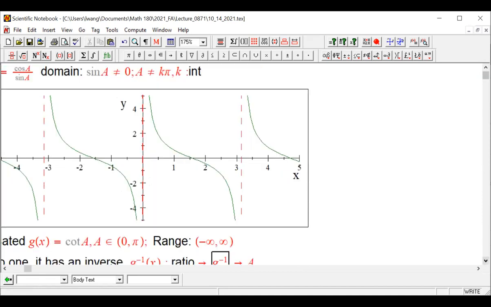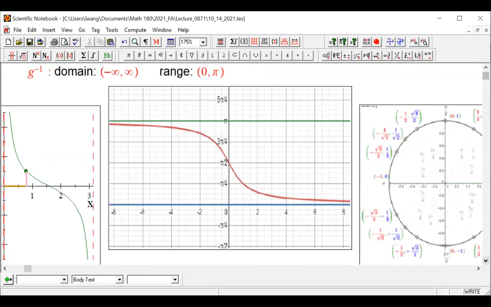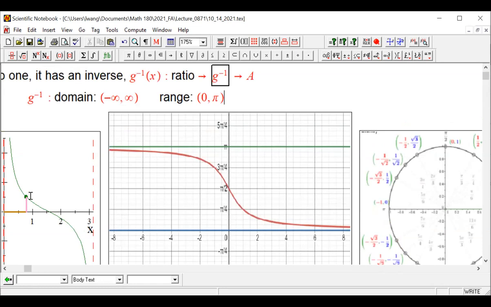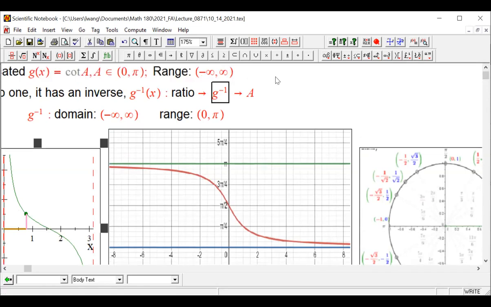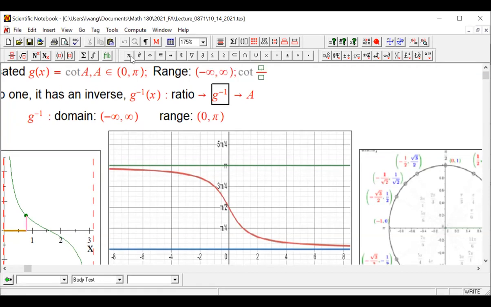And how about ArcCotangent? So we have an example in this picture. We have an example of tangent, I'm sorry, cotangent of pi over 4 equals 1.